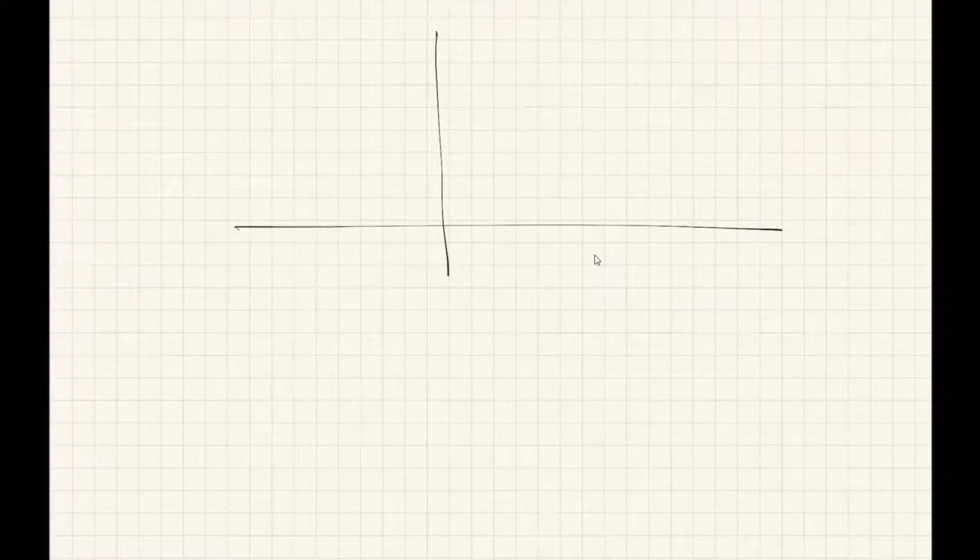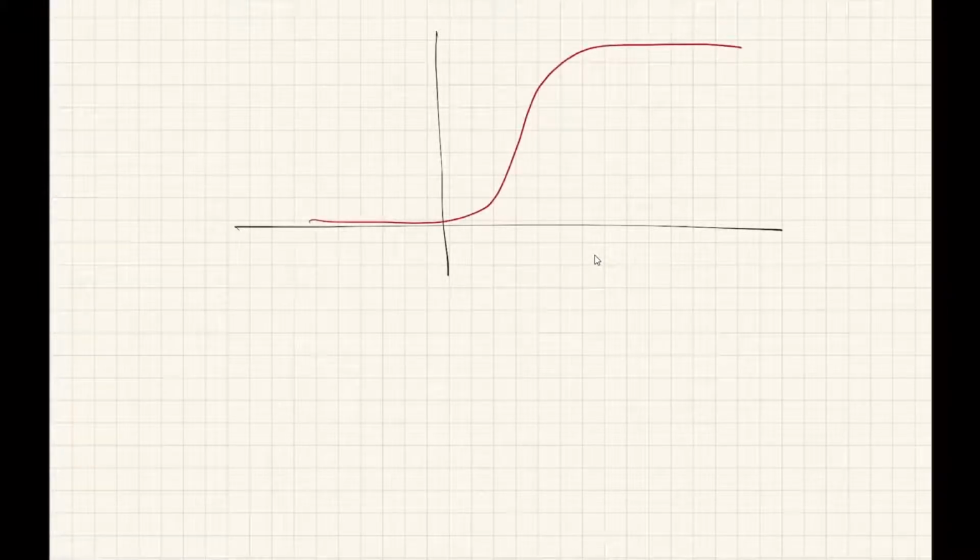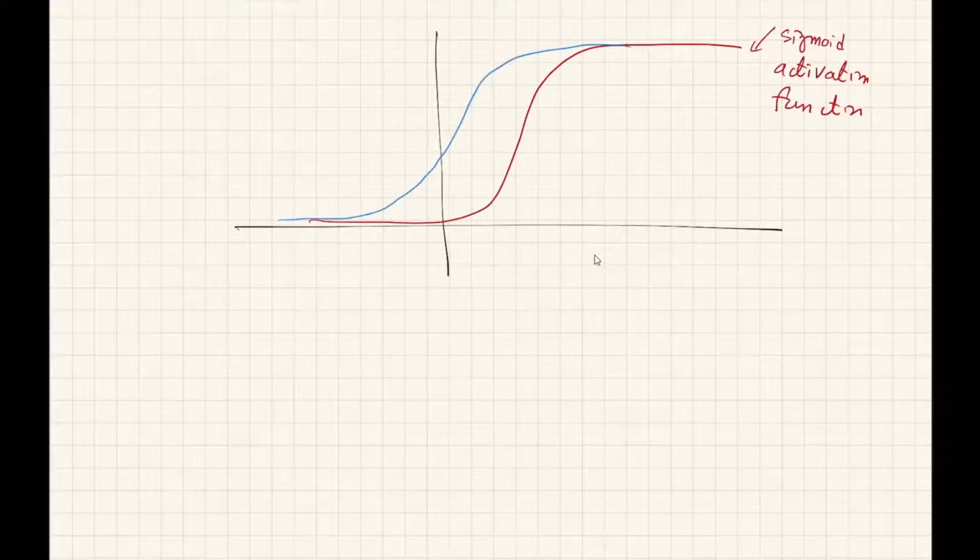Let's assume that we have a sigmoid activation function. However, your output, let's assume that this is y dash, this is the target output, and your output has this kind of shape, and this W and B can change.